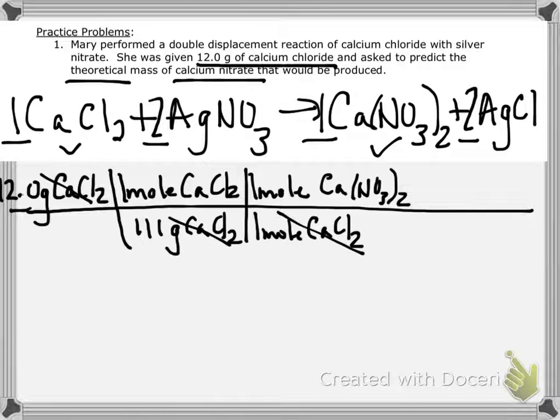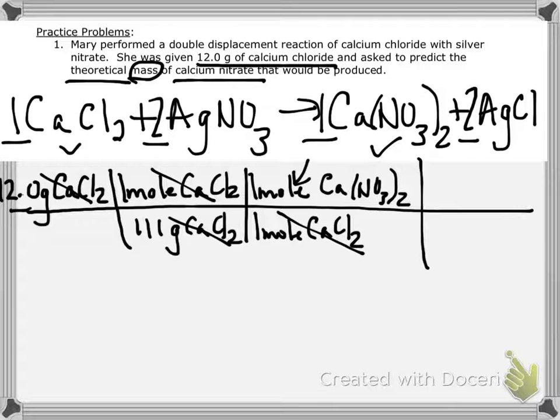Okay, my moles of calcium chloride are going to cancel out, and it's getting me to my almost last step, because it asked me to find the mass of calcium chloride, or sorry, calcium nitrate. So I've got moles of calcium nitrate, but I need the mass of it. That would be grams.